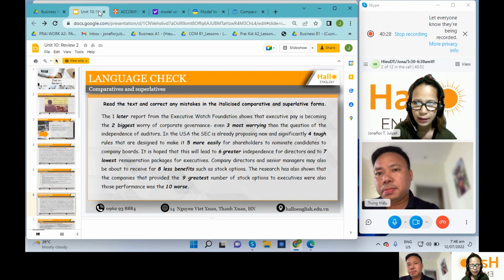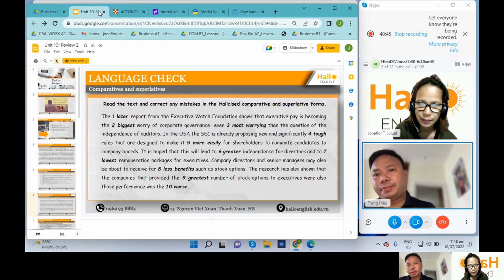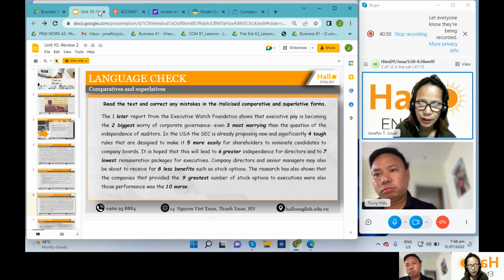Significantly... is it comparative or superlative form?